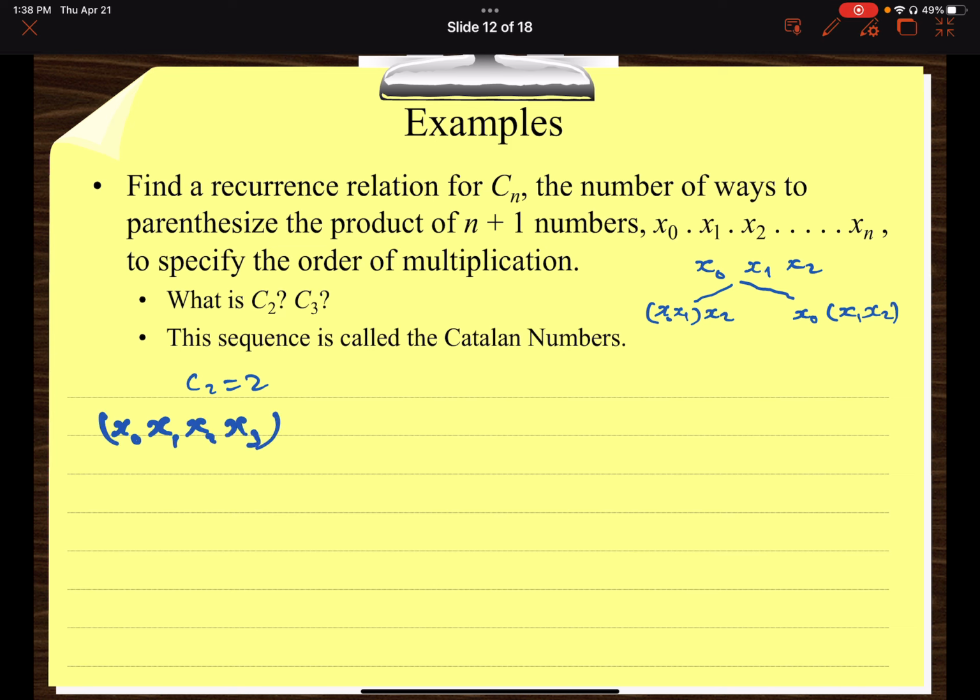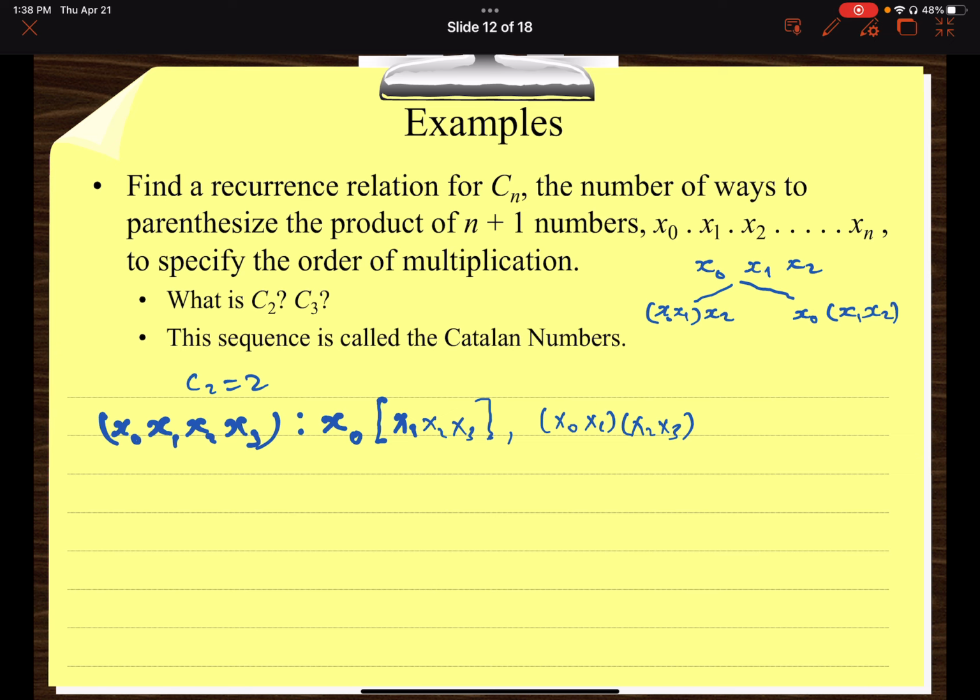Well, first of all, I can do x0 and then look at x1, x2, x3, right? Or I can do x0, x1 as you mentioned in the beginning, and x2, x3.